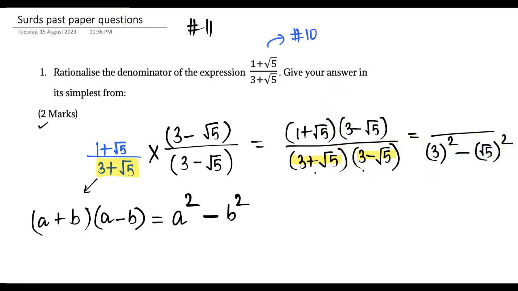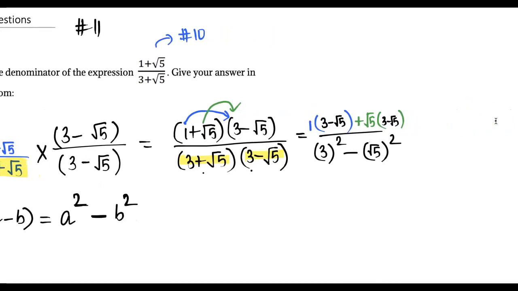What about the top? 1 is multiplied by the whole bracket, 3 minus root 5, plus root 5 times the whole bracket, 3 minus root 5.